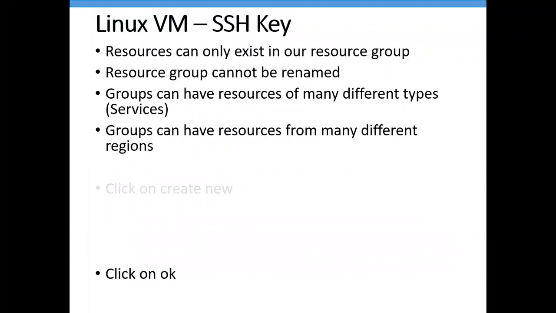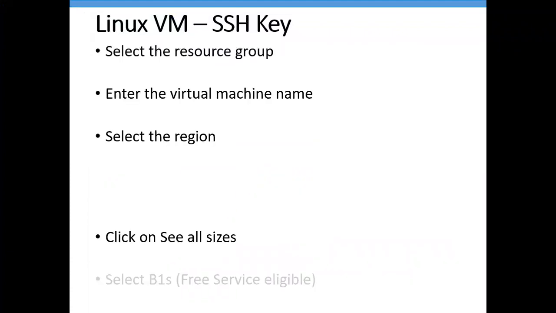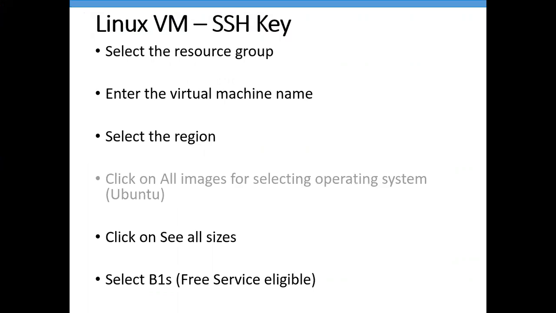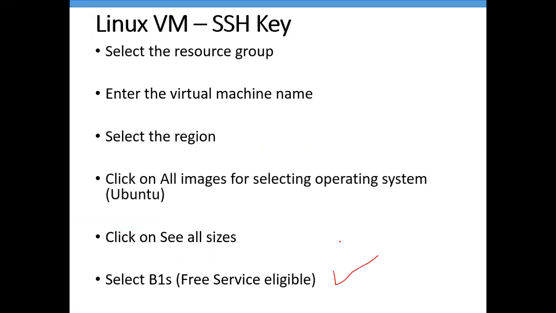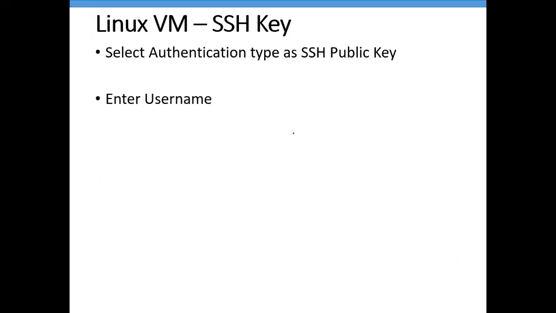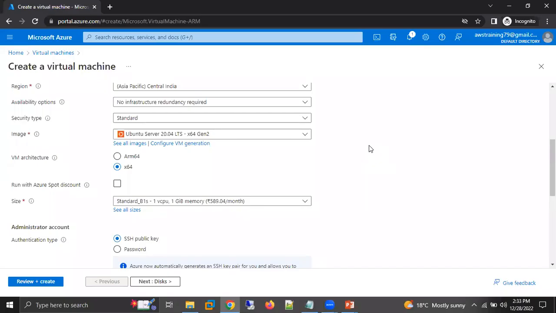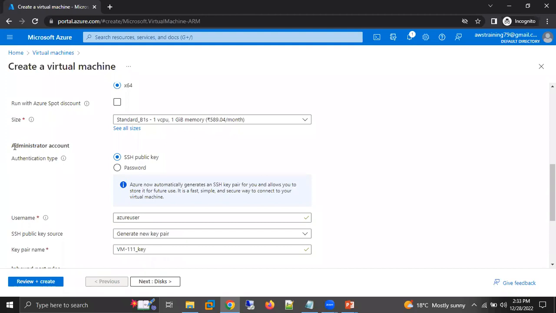After selecting our type, what is the next step we need? I have mentioned it in my PPT also. Scroll down. Administrator account. Here we have authentication. Whenever we are creating our virtual machine for Linux, we have two types of authentication.